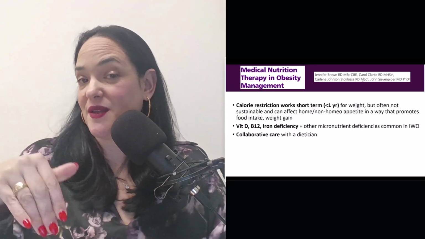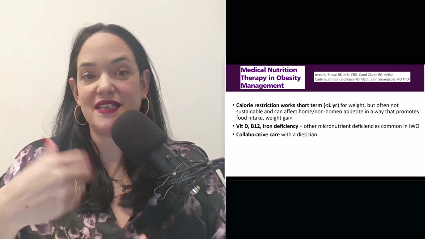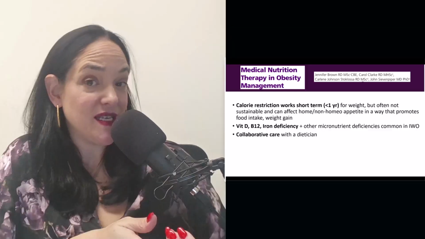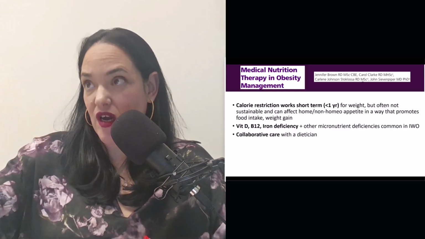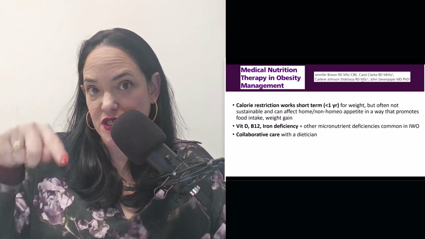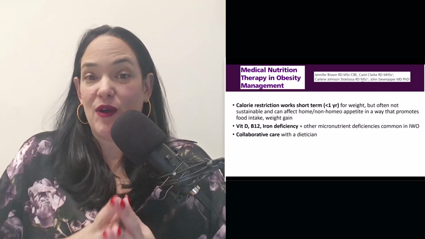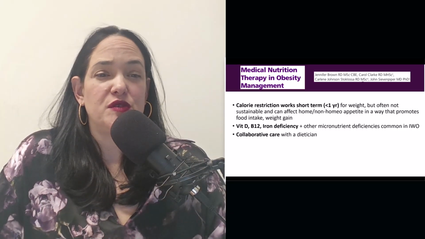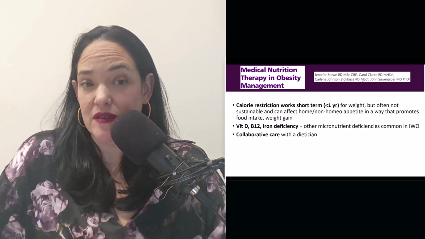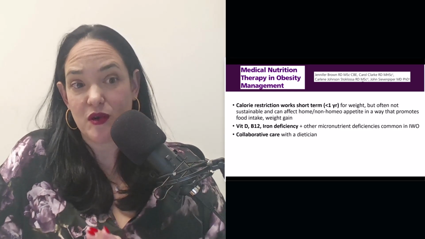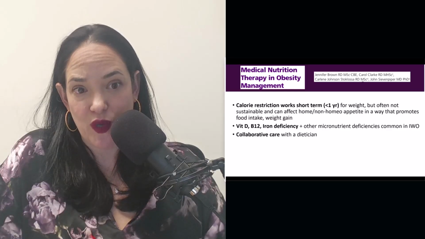And so notice that calorie restriction isn't the first thing on the list. It is something that is recommended for obesity, and it does work, at least short term. We saw in those studies, caloric restriction does help to promote more weight loss, especially in the beginning. However, just focusing on caloric restriction is often not sustainable and can affect homeostatic and non-homeostatic appetite in a way that promotes food intake and weight regain.